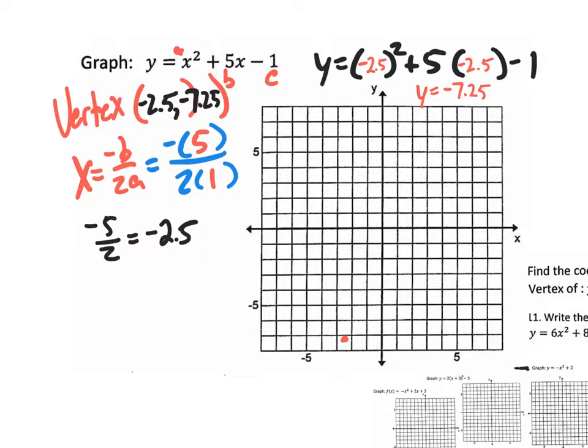Now we know that the vertex is here, and we know that there's an axis of symmetry through it. We also know that this opens up or down. It opens up. Now, when you look at your 4 multiple choice answers, you're going to be able to eliminate the ones that open down. And there's going to be 2 of them left.